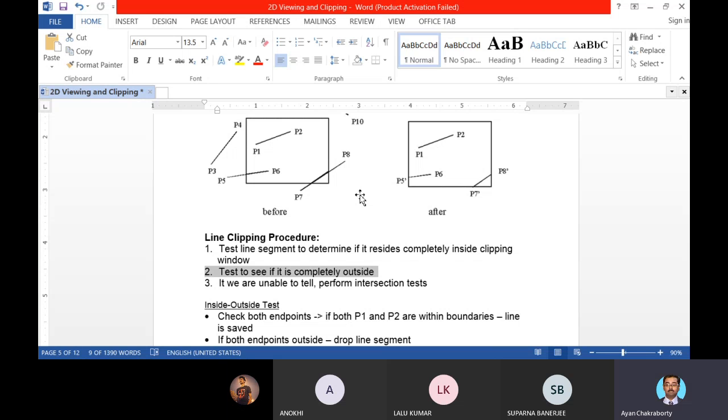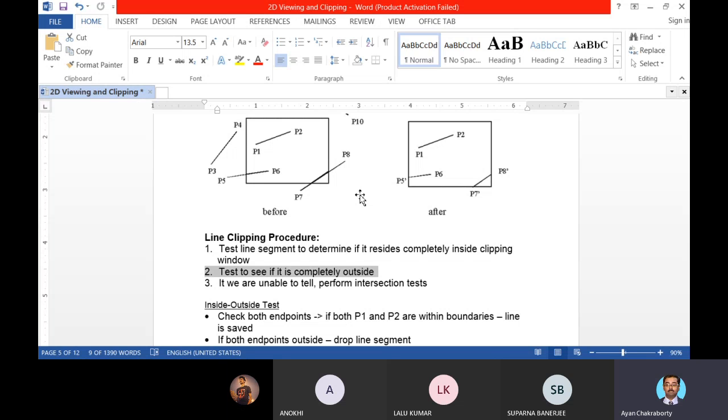Okay, I am just repeating this once more. We will check with the endpoint coordinates of each and every line to find out if this line is completely inside the rectangular window, completely outside the rectangular window, or partially inside the rectangular window.